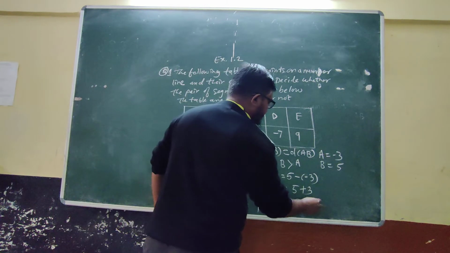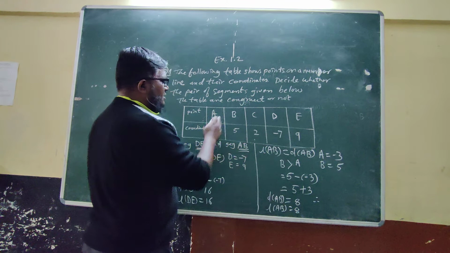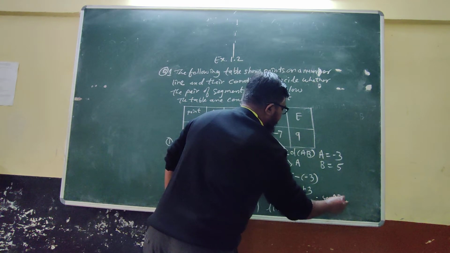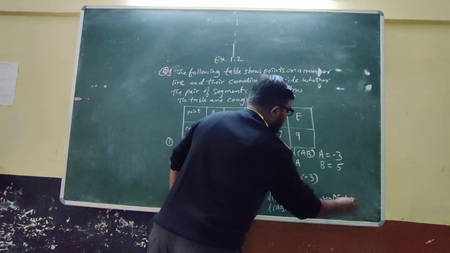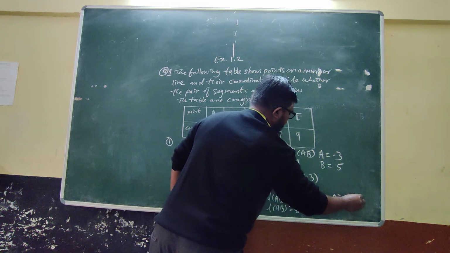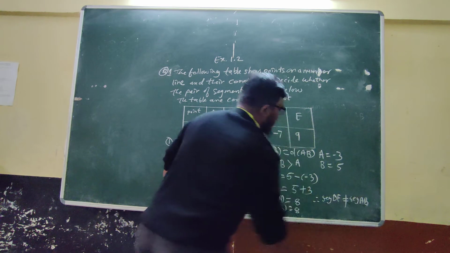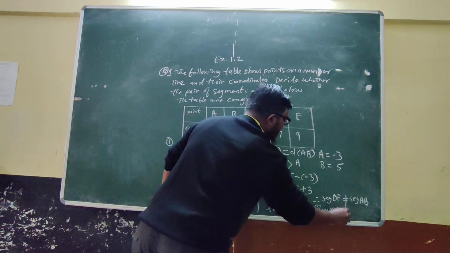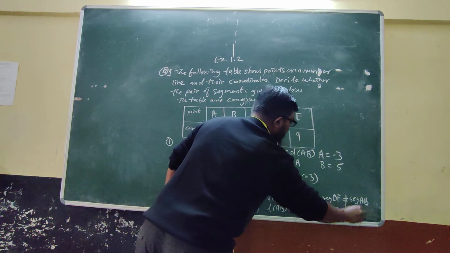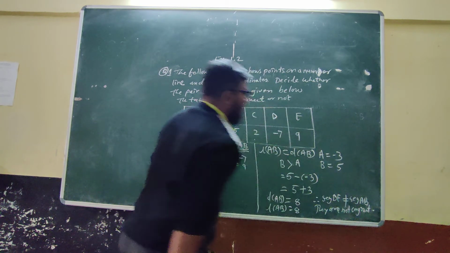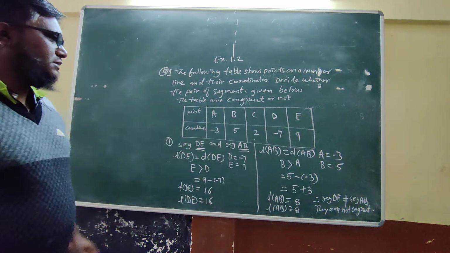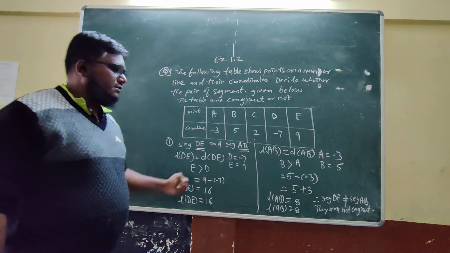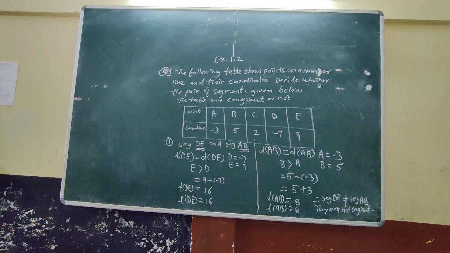Therefore, segment DE is not equal to segment AB, so they are not congruent. Like this, we have to solve all the questions given below this table. One by one we'll see the examples.